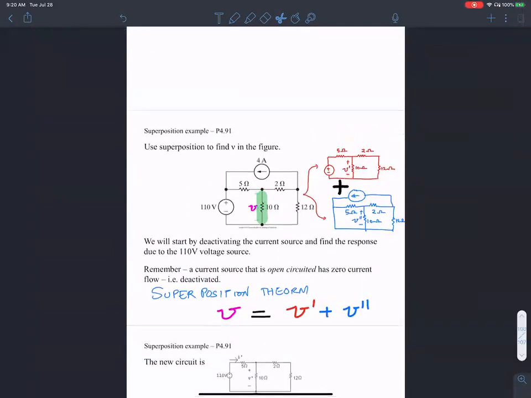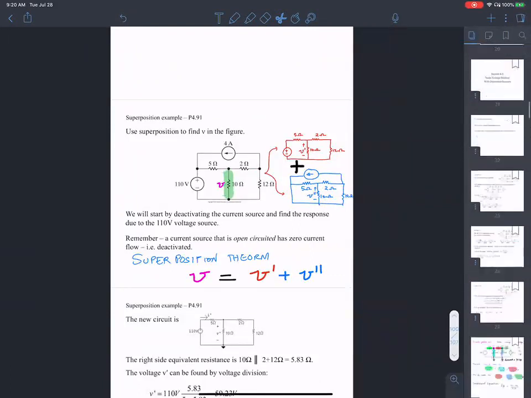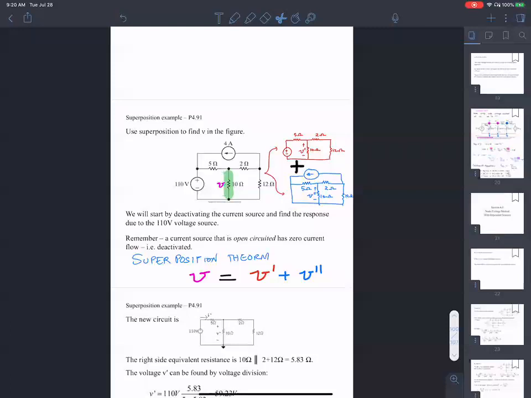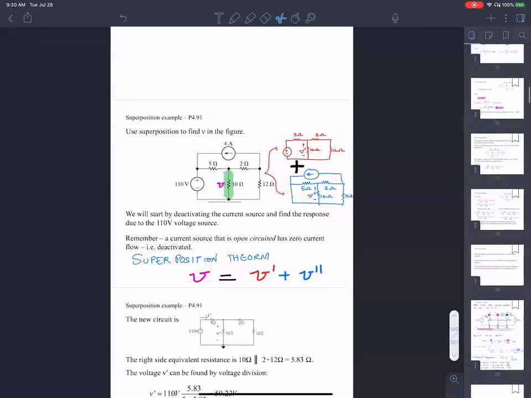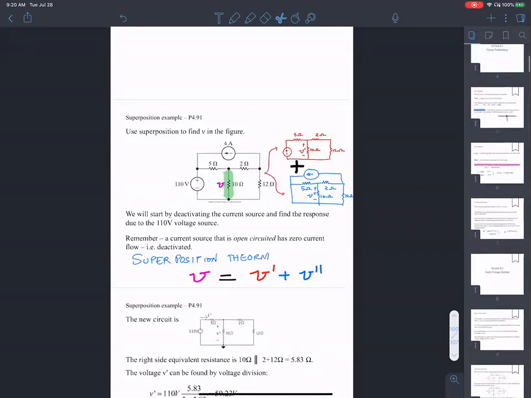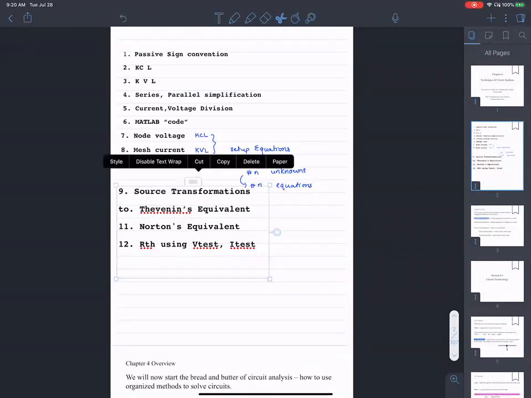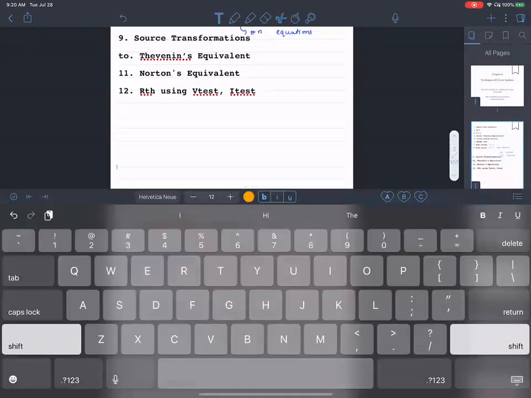So let me go all the way back and add to the list of tools that we already discussed, the different tool sets. Okay, there is that guy right here. Okay, so let me add superposition.